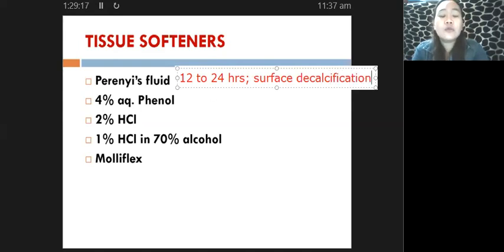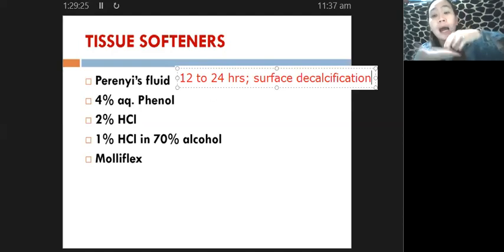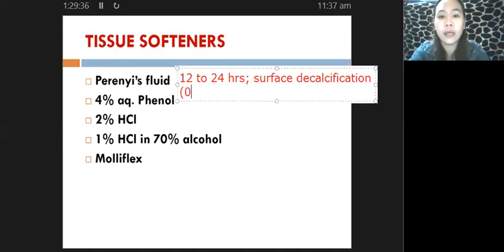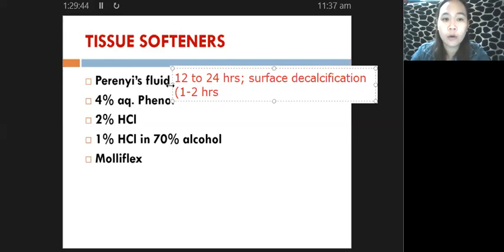For surface decalcification using Perenyi's fluid, you have to allow your surface block to be in contact with cotton or gauze that has been soaked in Perenyi's fluid for 1 to 2 hours. So for surface decalcification, the duration is 1 to 2 hours.